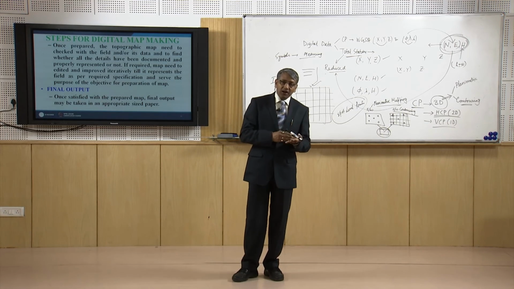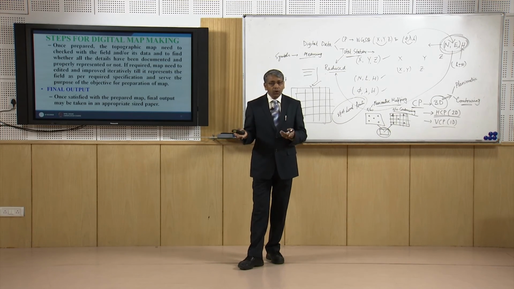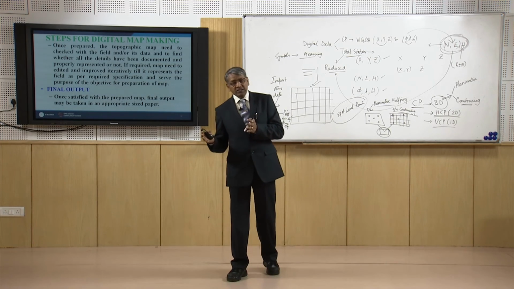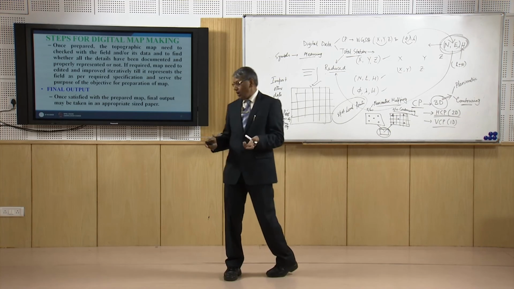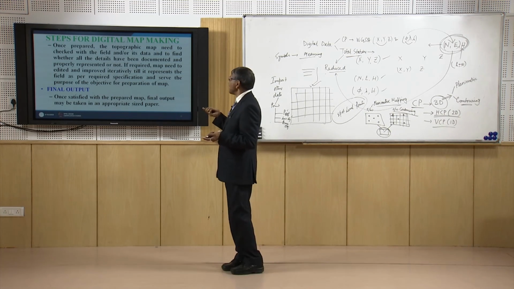We may transfer that map in digital format to the user. We may take the map in hard copy in a small size or in a still bigger size. All these things we can do using the finally prepared map.